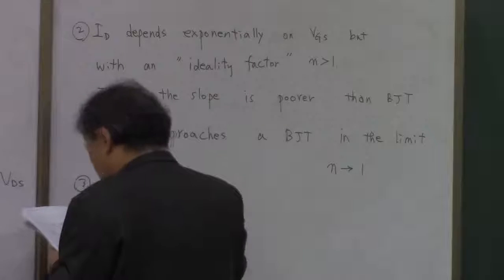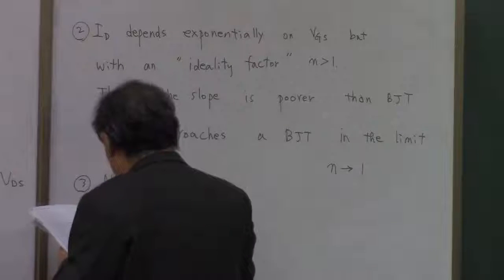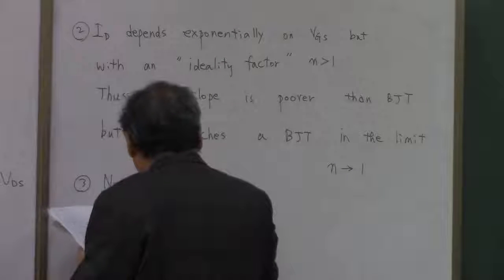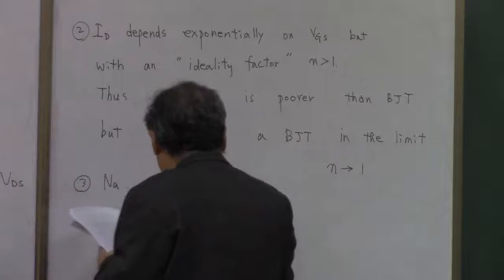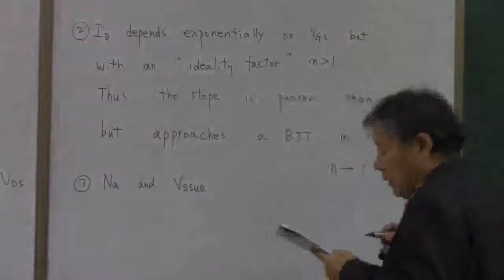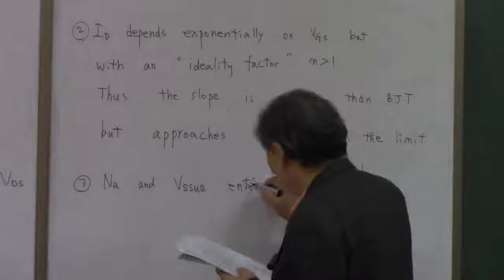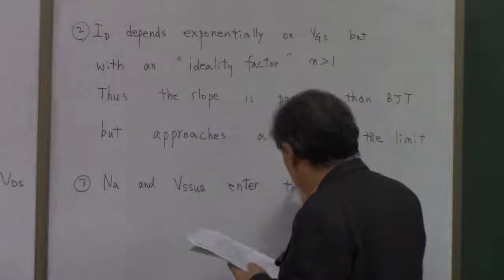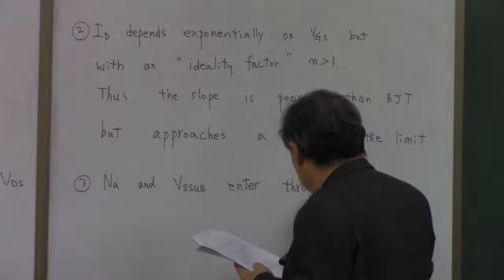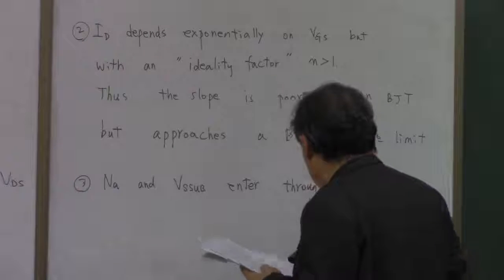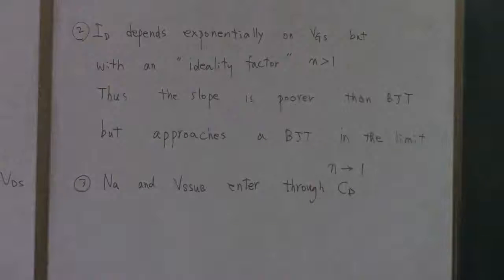Okay, and the substrate doping and substrate bias enters through CD, the depletion layer capacitance in the equation.